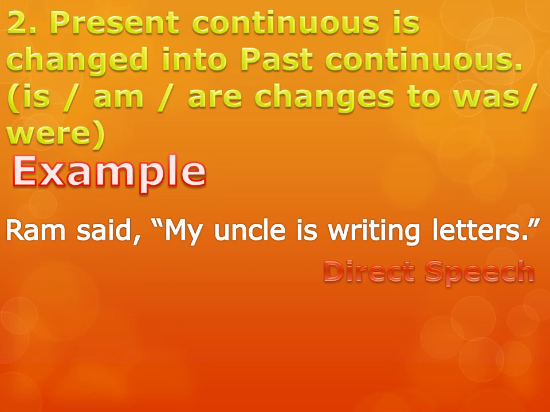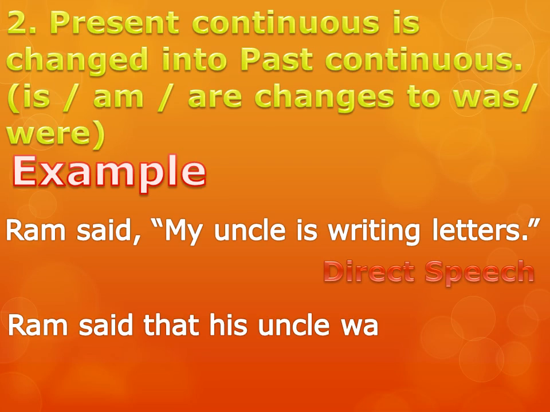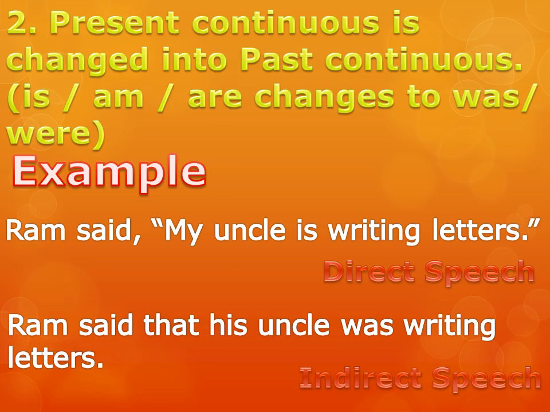Now this is direct speech. Now when we change this direct speech into indirect speech, it will be Ram said that his uncle was writing letters. So in this example we see that the present continuous is has been changed to past continuous was.